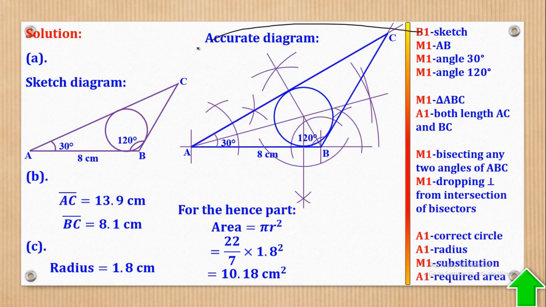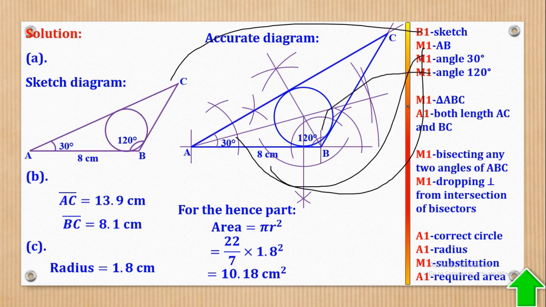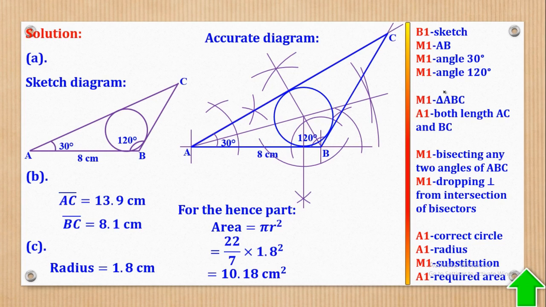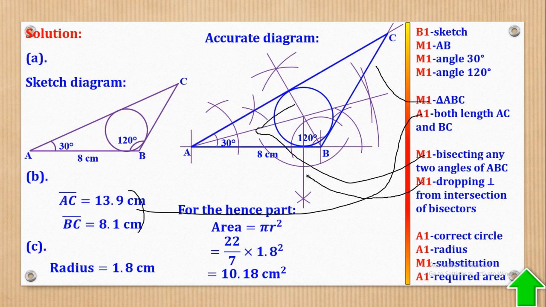So B1 for the correct sketch, M1 for side AB, M1 for constructing angle 30, M1 for constructing angle 120, then M1 for triangle ABC, A1 for both these two lengths, M1 for the bisector of any two angles, which is this and that, then M1 for dropping perpendicular from the intersection, A1 for the correct circle.